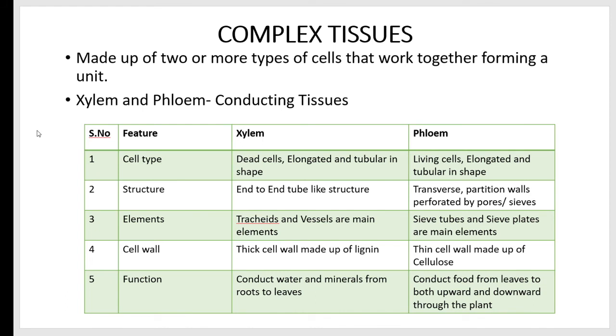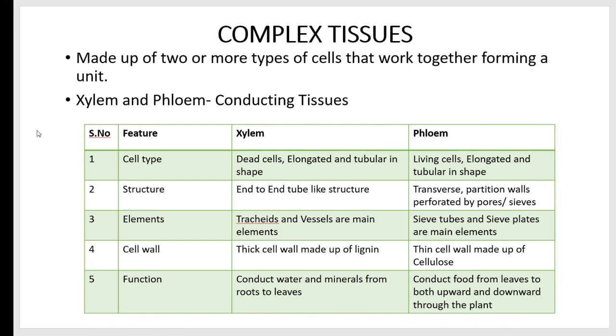Moving to complex tissues. Why are they complex? Because they are made up of two or more types of cells that work together to form a unit. Now, there are two types of complex tissues present in plants. One is xylem, another is phloem. You know why they are known as conducting tissues?